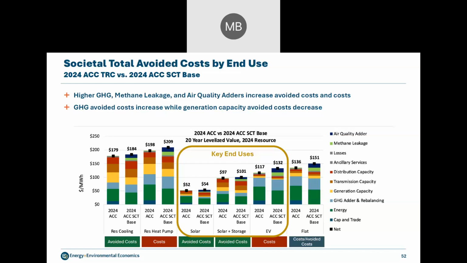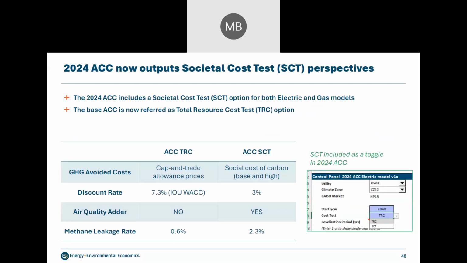We expect that with this SCT perspective, the cost of carbon should be higher compared to TRC, because the key difference between TRC and SCT is that SCT comes from a broader societal perspective, while TRC only represents the perspective of California as a state. Okay, well, I won't take any more time on this. Thanks. I'll look into it. We might follow up separately. So thank you for that.